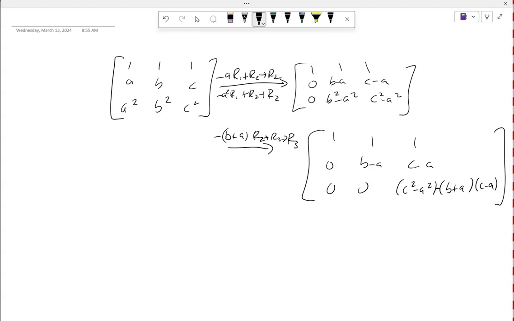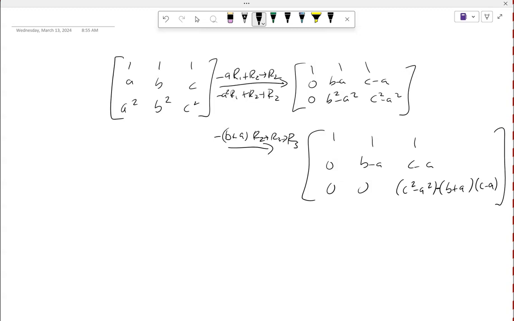Again, those three operations that we did don't change the determinant of the matrix at all. What it does is put it into a form that we can easily evaluate the determinant now.